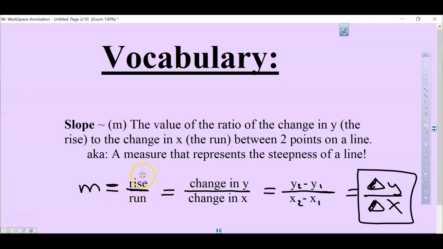Rise over run is also equal to slope, which is equal to our change in y value over our change in x value, which basically runs into, hey, the definition is the ratio of change in y to change in x. How we do that using 2 points is noted by this equation: y sub 2 minus y sub 1 over x sub 2 minus x sub 1.